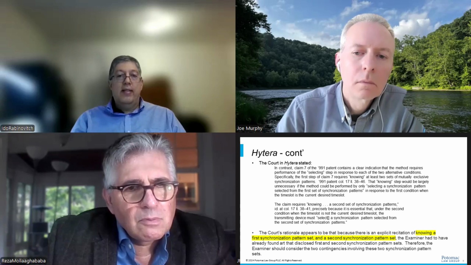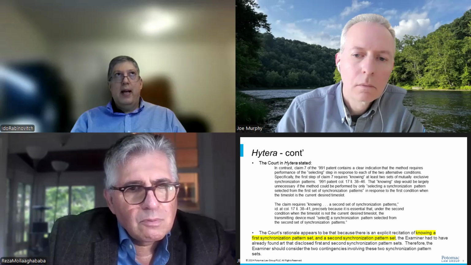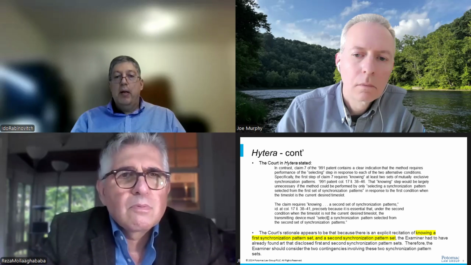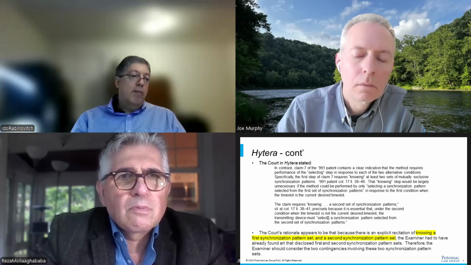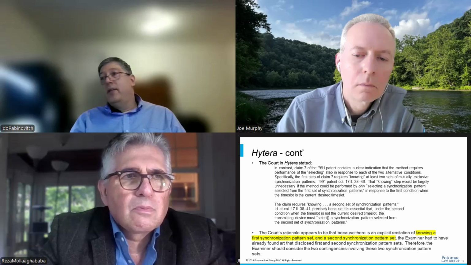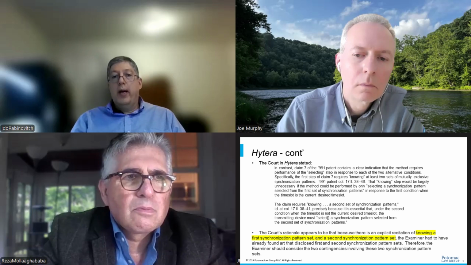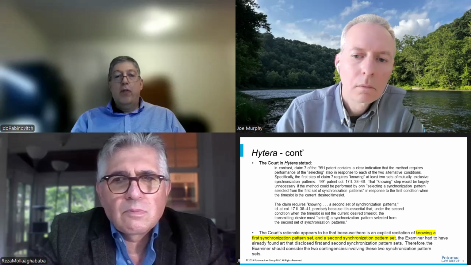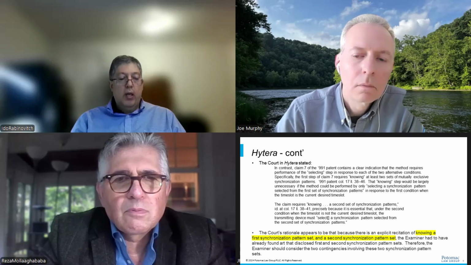Otherwise, it's a nonsensical limitation: provide A, B, and C, but then only A has any follow-up within the claim. So under the Hytera ruling, that could be one way of trying to overcome any such problem in terms of the examiner's treatment of the claim.